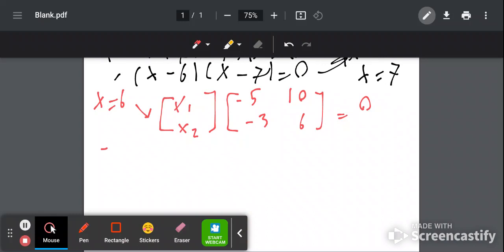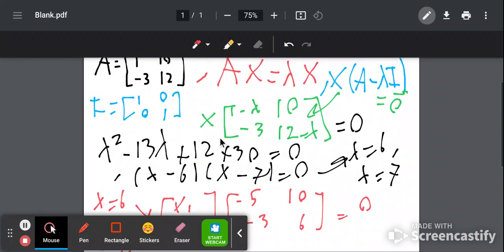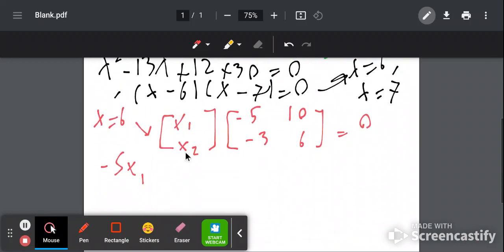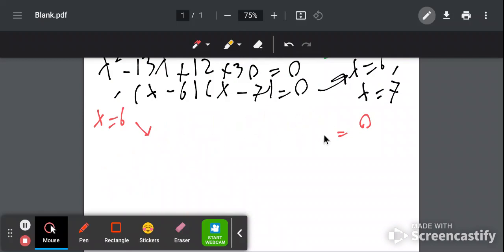Basically, we can multiply this out to create an equation. Actually, the order of multiplication has to change, since this is a 2 by 1 and this is 2 by 2. Let me fix this. There's a rule about multiplying matrices, which I'll explain in a second.